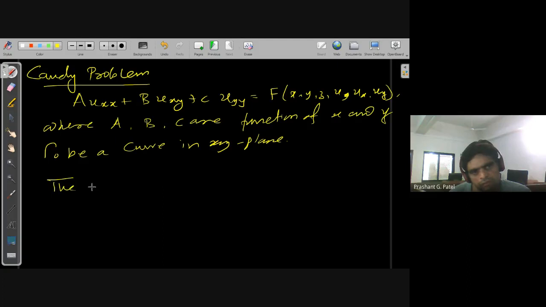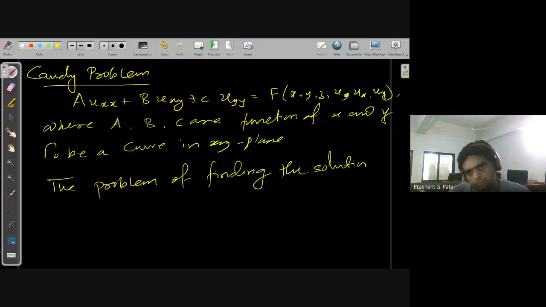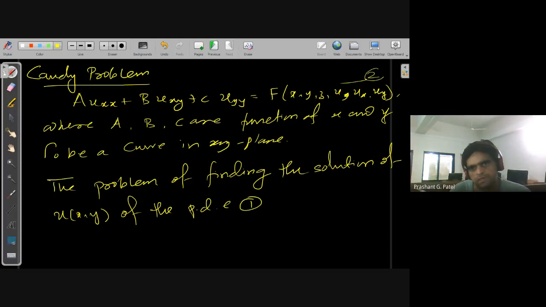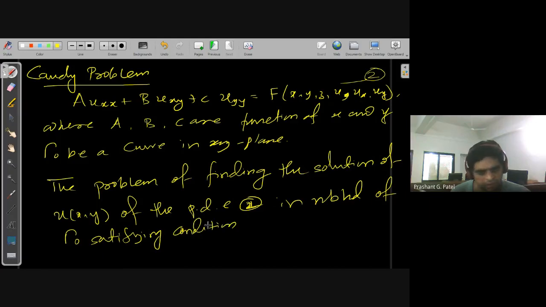So the problem of finding the solution u of x, y of the PDE, let me call it PDE 2, in the neighborhood of gamma 0, satisfying certain conditions: u is equal to some function f of x, or del u by del x, that is, the velocity is given as some function, let's say g of x, on gamma 0.